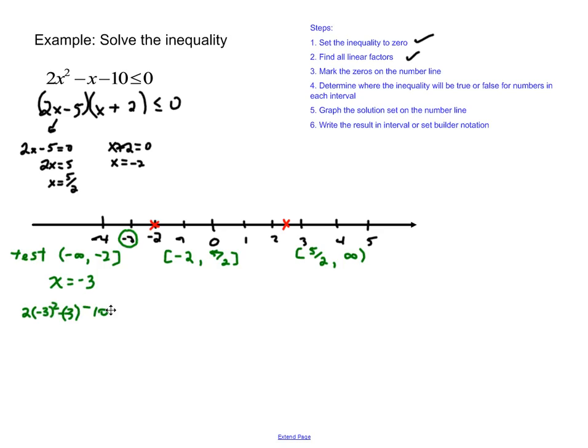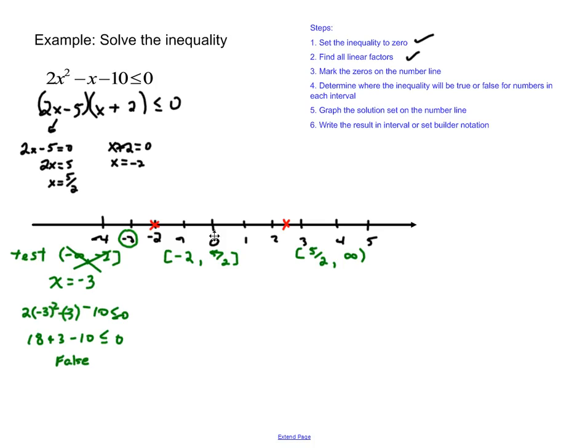Is that less than or equal to 0? Well, let's see, negative 3 squared is 9, 2 times 9 is 18, minus negative 3 is plus 3, minus 10. Less than or equal to 0? Well, no, that's false. So that particular interval is not part of the solution.